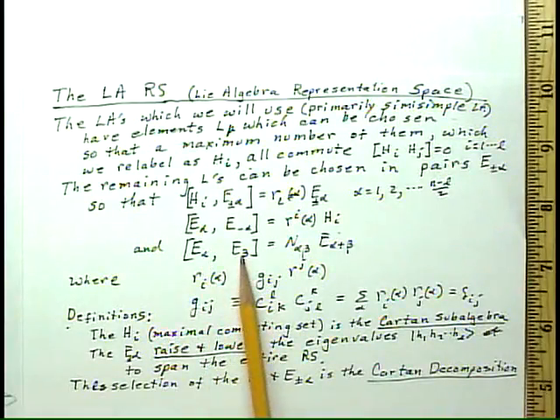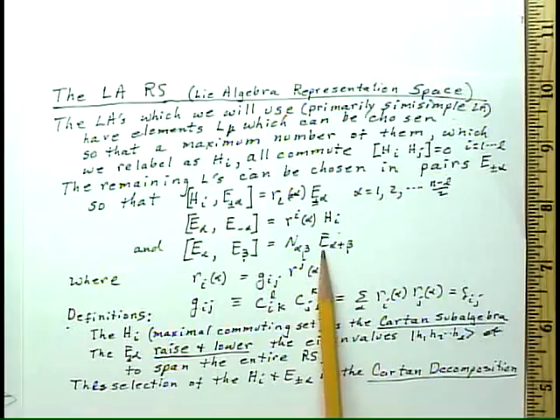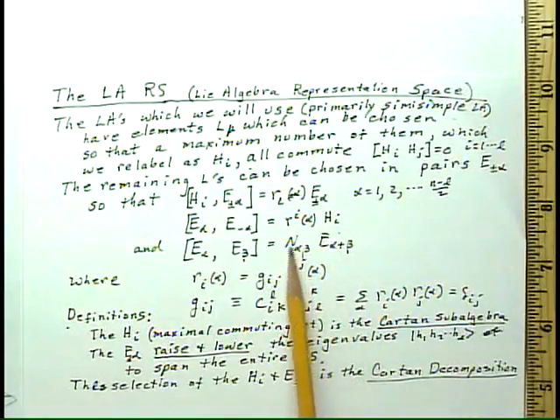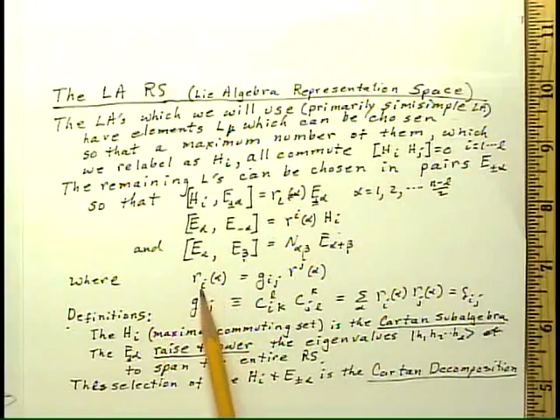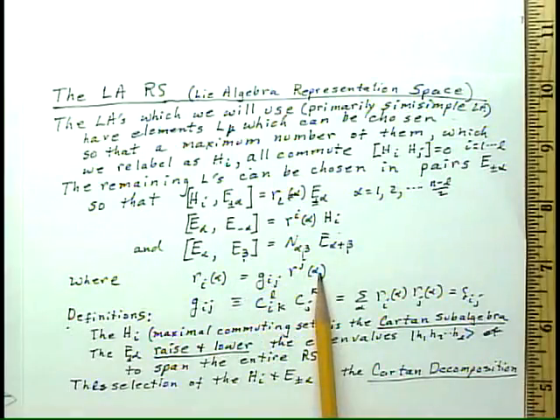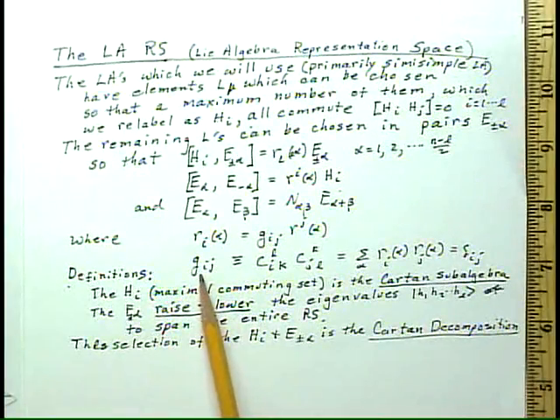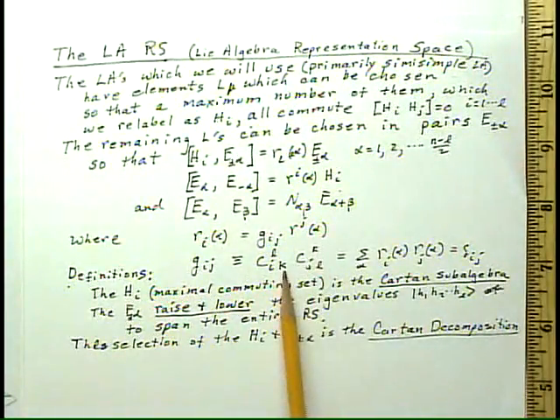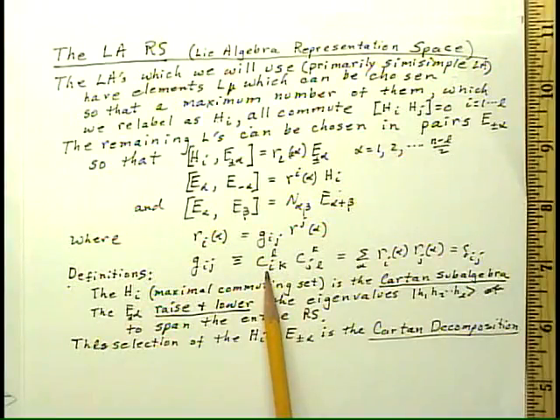And the E_alpha with an E_beta always gives you something with an E_(alpha plus beta) with N_(alpha beta). Now these have the properties that the R_i lower is the metric tensor g_ij times the R^j upper for the same alpha, where the metric tensor is defined as a double contraction of the structure constants.